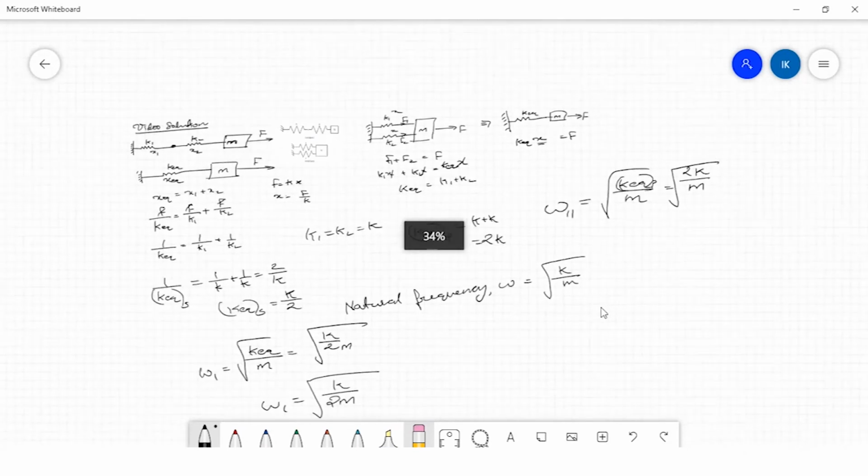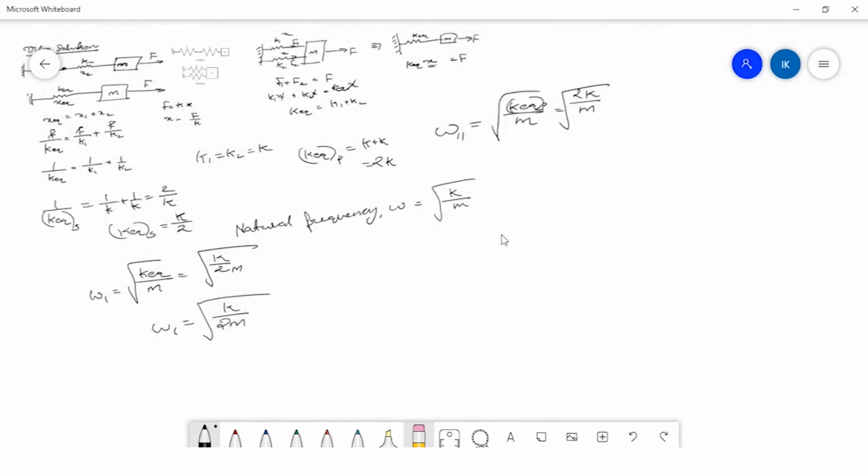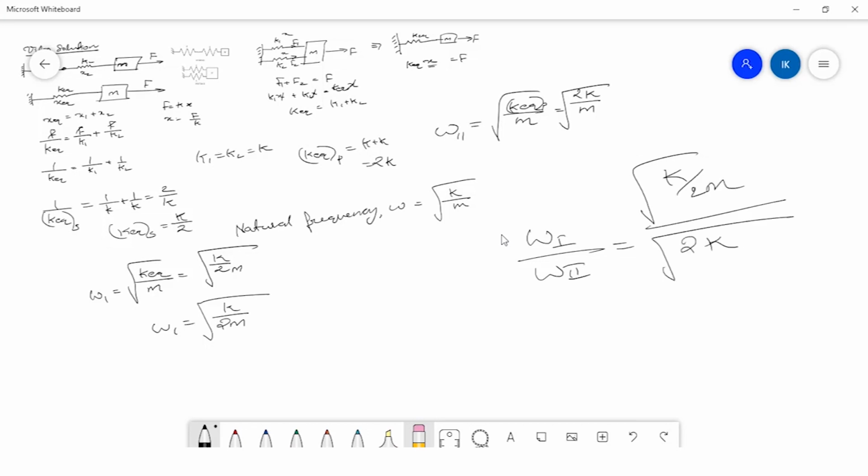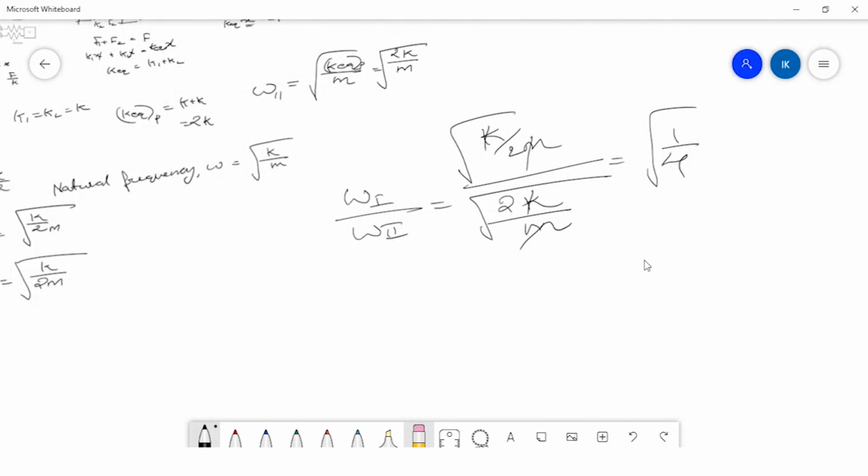Next, what we are asked to find is omega 1 by omega 2. Omega 1 is under root K by 2M divided by under root 2K by M. M cancels, K cancels, we get under root 1 by 4. Therefore, omega 1 by omega 2 is under root of 1 by 4, which is 1 by 2.